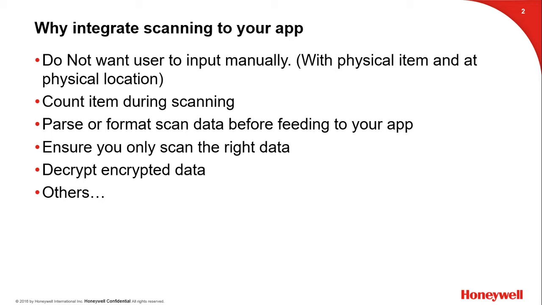There are also applications that scan encrypted data in the barcode, so you may need to decrypt that data before it fits into your application. Of course, there are many other use cases for why you need to integrate scanning into your application. And with the ability to control the scanner within your application, there are many possibilities for how you want to use this feature.